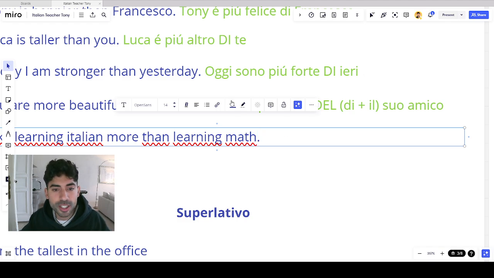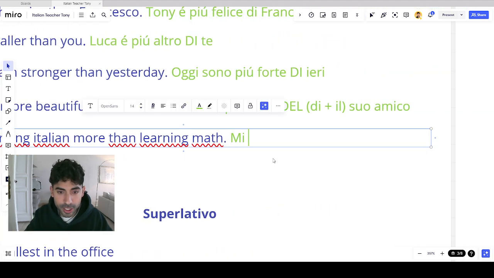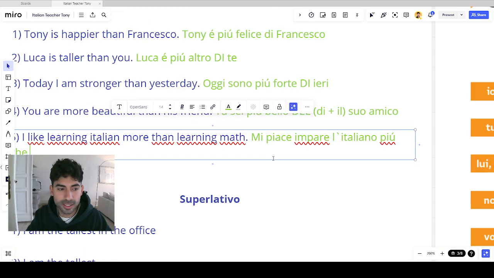And in fact, the translation here is: mi piace imparare l'italiano più che imparare la matematica.